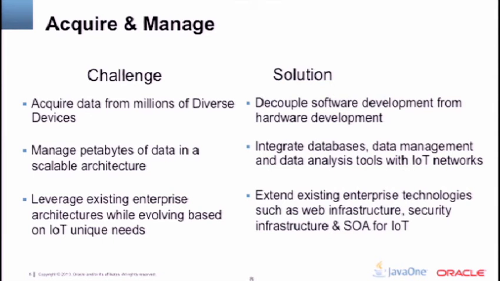There are technologies out there today with IoT which are trying to build parallel networks or parallel data centers. What we want to promote as part of the Java ecosystem is leveraging what we've already built as part of the enterprise Java technology to fit into the IoT space, so that you can leverage all your existing knowledge, and all your existing investments in data centers for IoT.